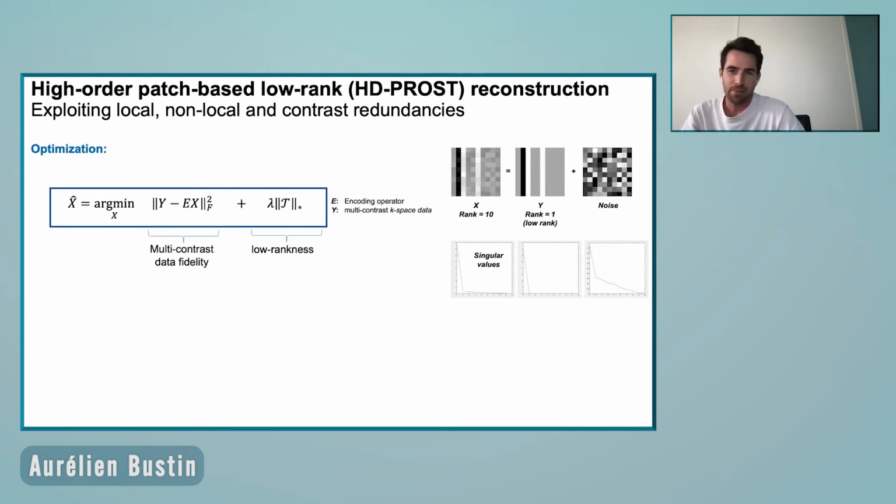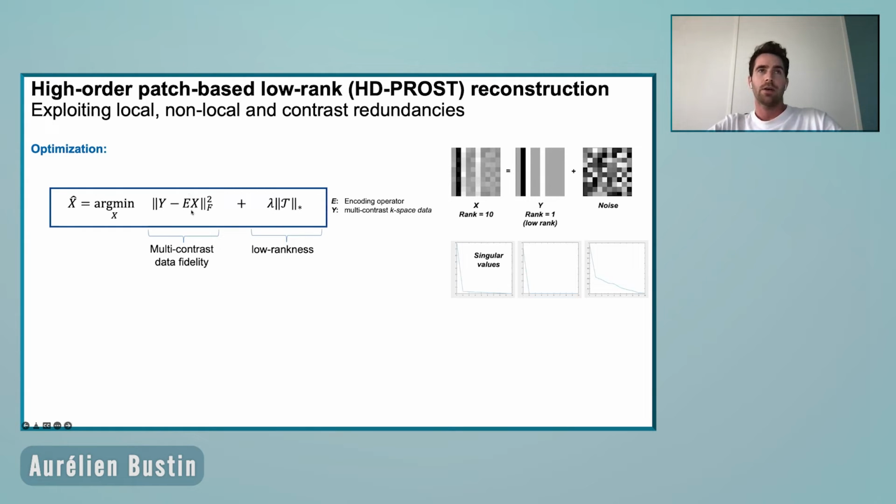So just a little bit of mathematics. That's an equation we've seen before with Jérôme. It's a very similar equation. You have exactly the same data fidelity term that you see on the left here. Y is the highly undersampled multi-contrast k-space that you have collected.